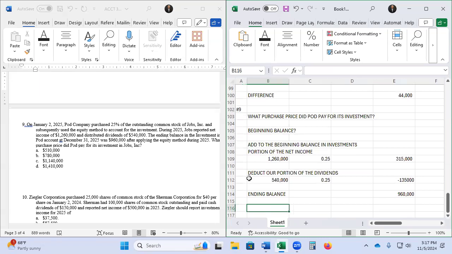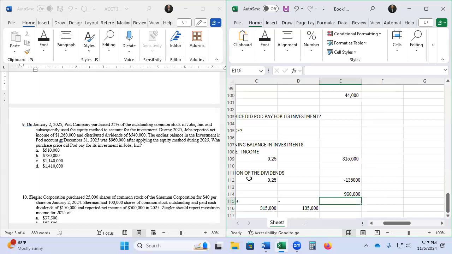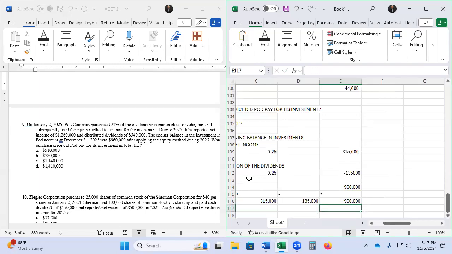So we basically have X plus 315,000 minus 135,000 equals 960,000.